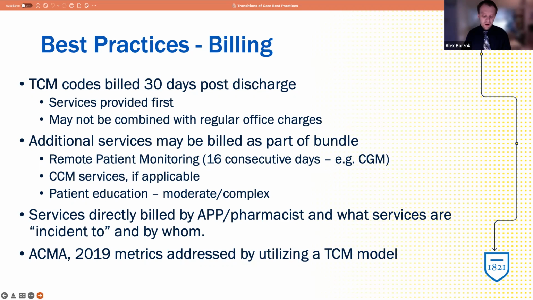Furthermore, you are also addressing different areas of the Healthy People 2030 categories through the preventative services provided by this transitions of care model. So there are other benefits to utilizing this model in your patient care delivery for patients that have been discharged or are your high utilizers of hospital services.